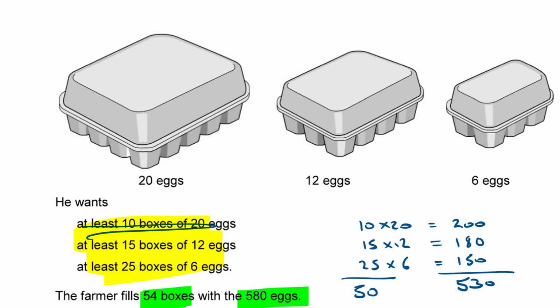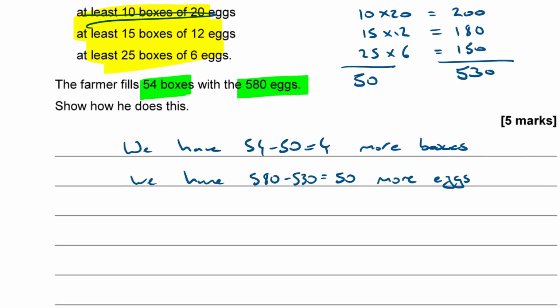Well, I suppose if we put 20 in there, let's have one of those, and then we've got 30 eggs still to place. So then if we have 2 of those, 12 and 12 is 24, so 20 and 24 gives me 44, and then one of those. So that seems to work, doesn't it? So a box of 20, 2 boxes of 12, and a box of 6.